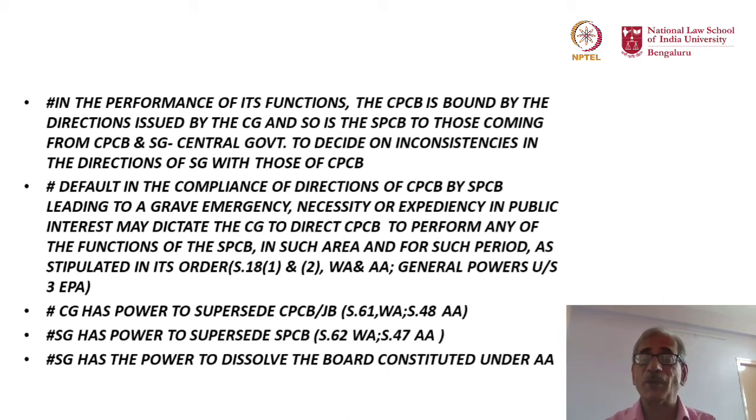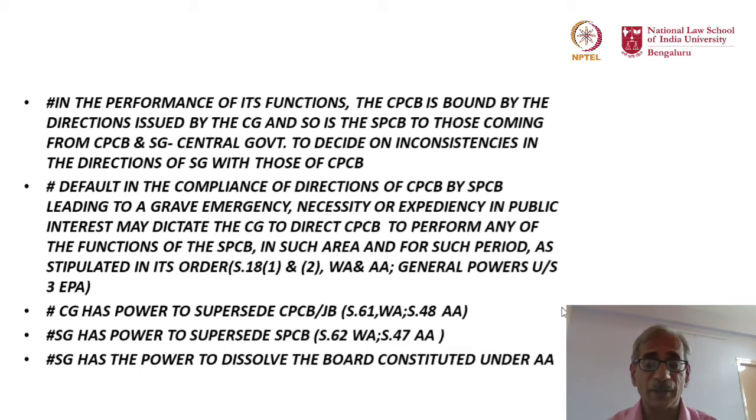the law is made inactive because of the clash between the central board and the state board. Then what to do? The law says, and here is the provision, I have mentioned it here, under the Water Act it is section 18 clauses 1 and 2, and even in the Air Act the same provision, and under the Environment Protection Act section 3 you have the same provision.